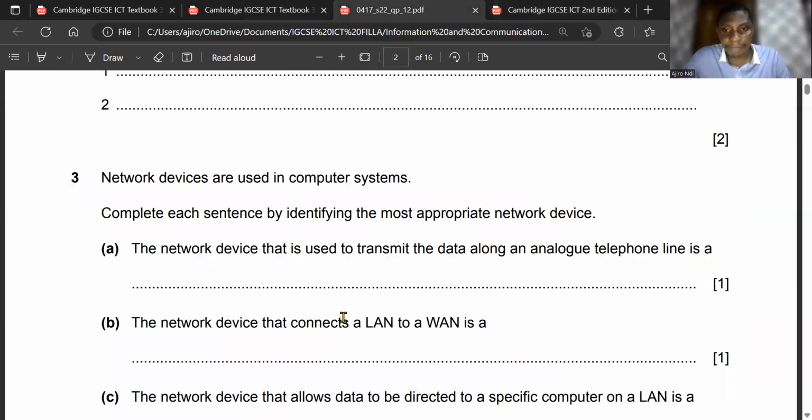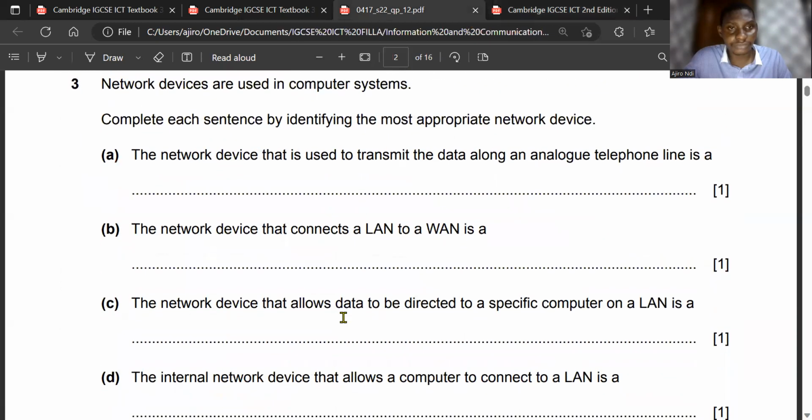Okay, the next one is the network device that connects a LAN to a WAN is what? Now we looked at local. If you're wondering where you see this, you also see this in chapter 4, where you have your networks, and we have 3 of them. We have the LAN, we have the WAN, and we have the WLAN.